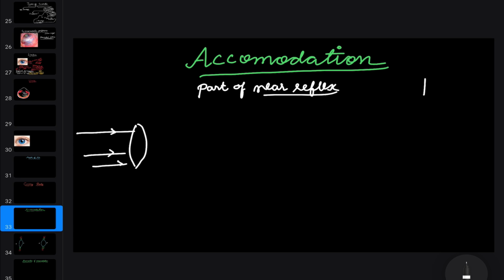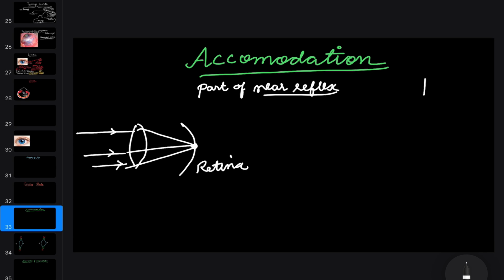When these parallel light rays fall upon a converging lens, as is present in our eye, they are converged at a particular point on the retina. This is the retina, the neurosensory part of the eye, and hence an image is formed in our brain.